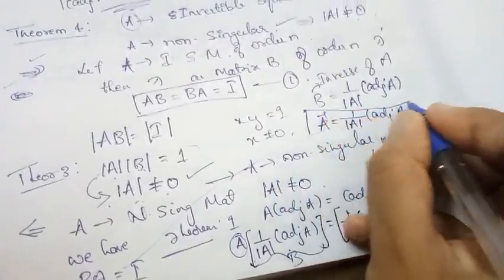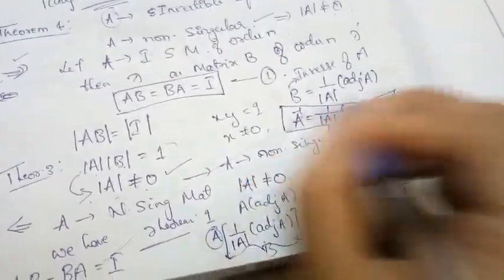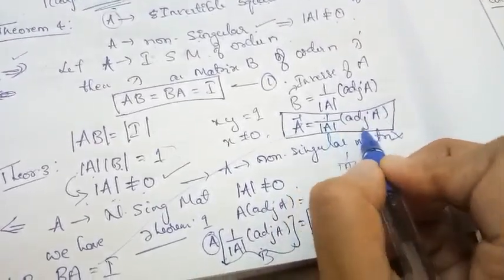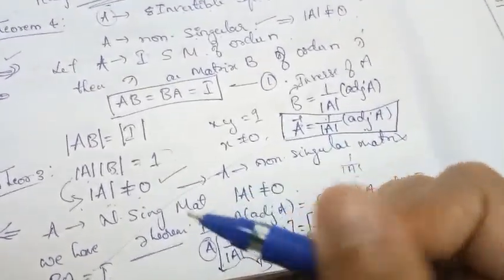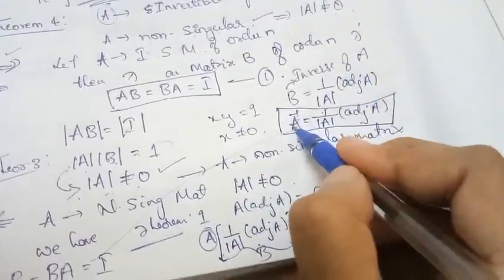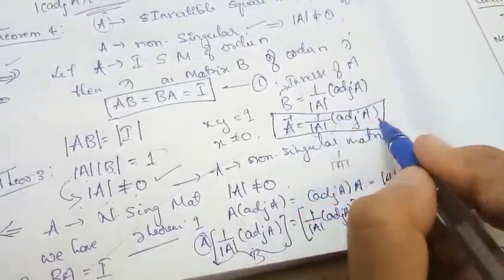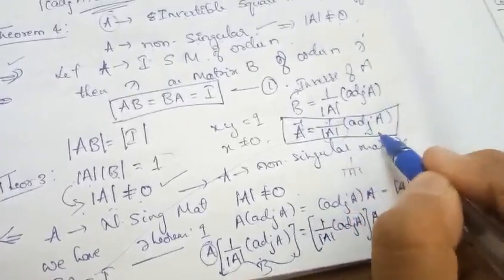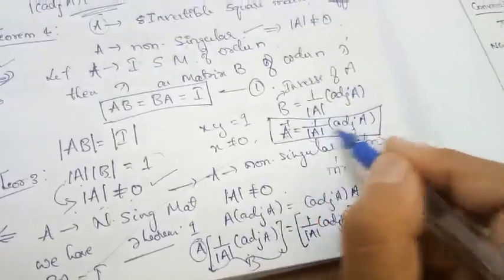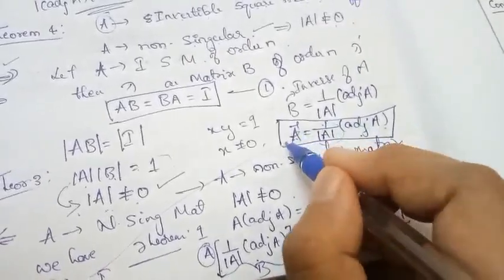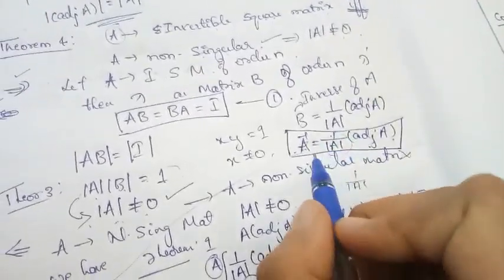So remember this equation: the inverse of a matrix is nothing but 1 by determinant value of A into adjoint A. Suppose they ask you to find the inverse of A, first you need to find the determinant value of that matrix, then find the adjoint of that matrix, then combining these two, 1 by determinant value of A into adjoint A will give you the inverse of a matrix.